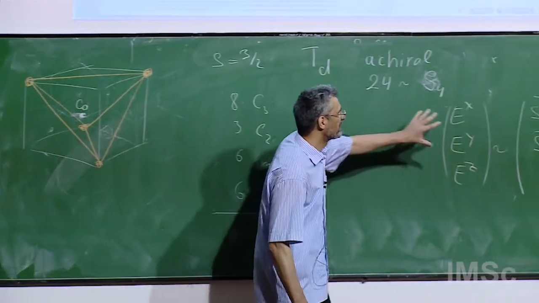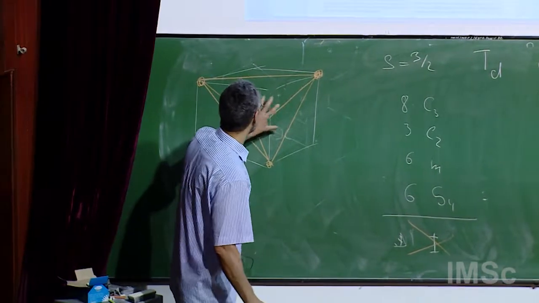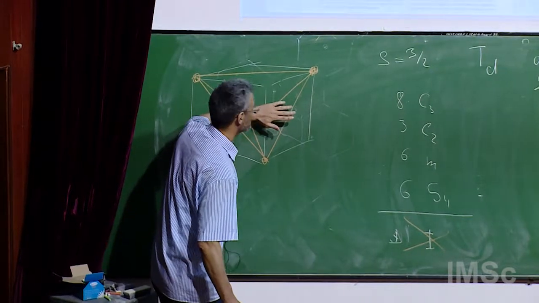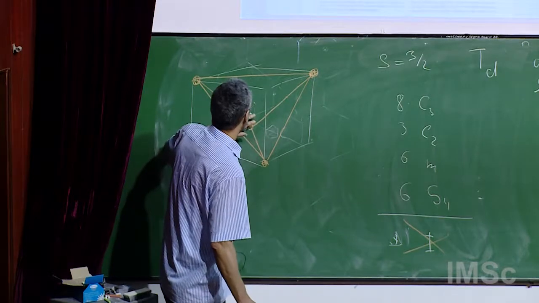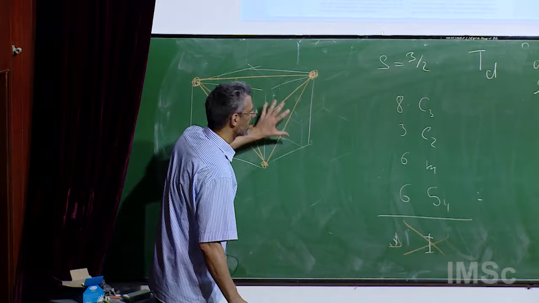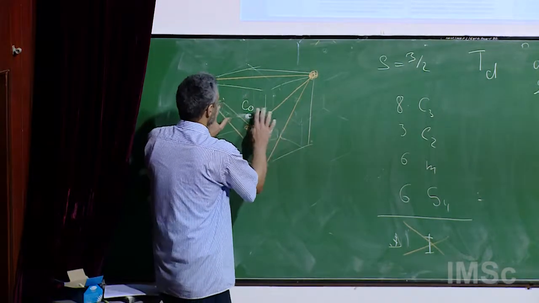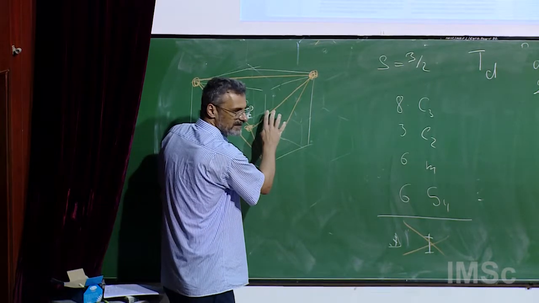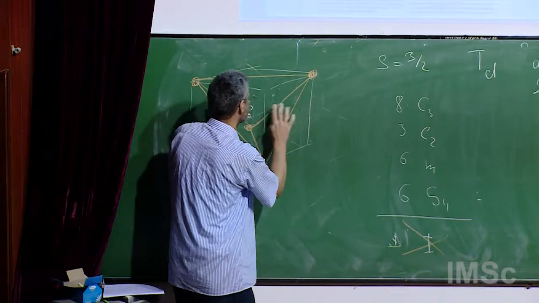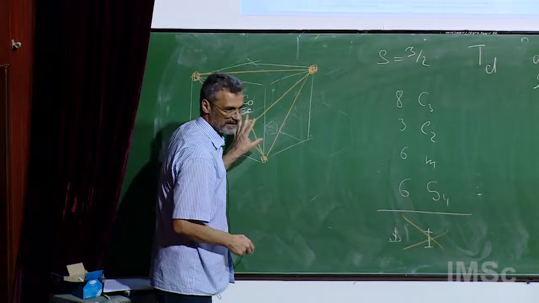The spin-orbit coupling will, in the presence of some spin orientation, modify the electronic wave functions within this tetrahedral environment, and the center of gravity of the electronic wave function will move in certain directions relative to the cage, and that will produce an electric polarization.